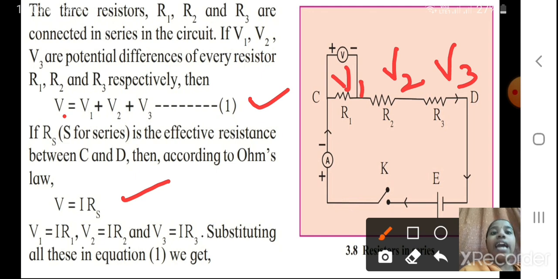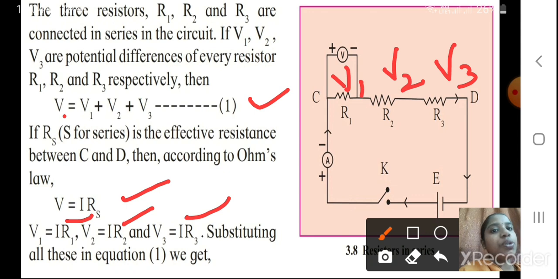Now you have V1, V2, V3, so we will apply Ohm's law to all of them. So, students, V1 = IR1, V2 = IR2. I is going to remain constant. We have seen the current will be the same through all, so every time I will not write I1, I2 and I3. I will write it as I only. And V3 = IR3.